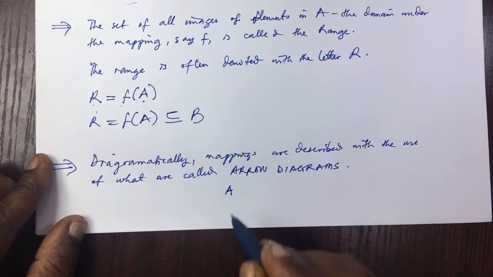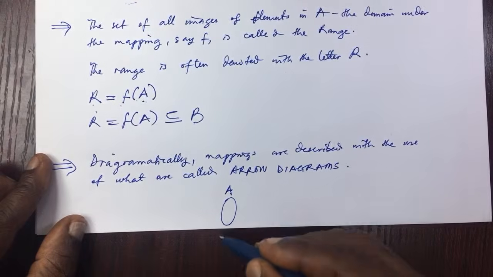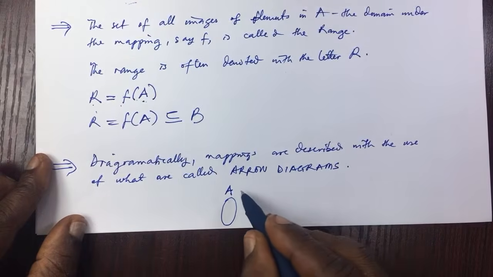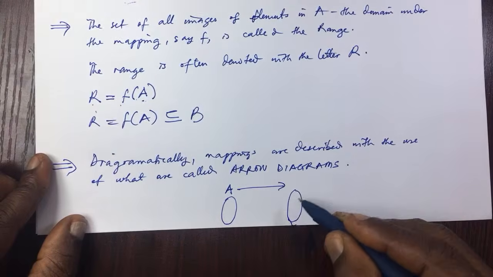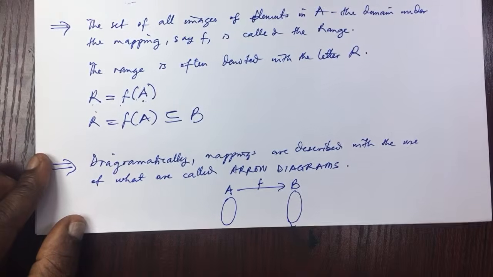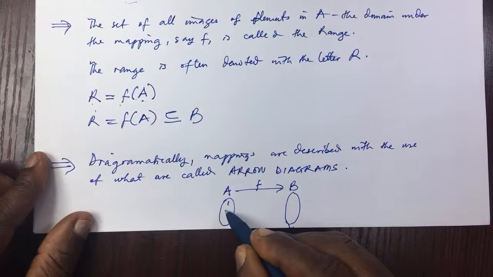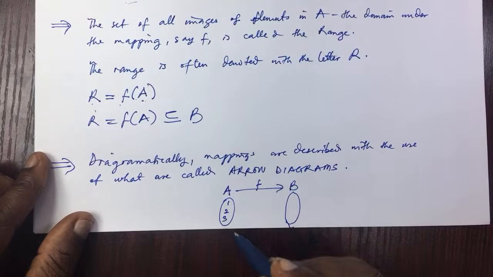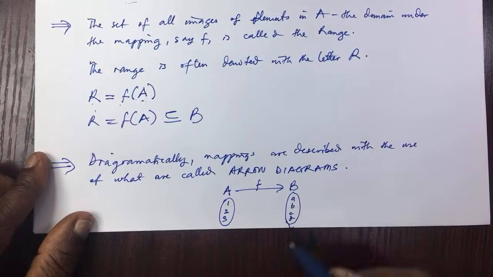So I can put a set A here, the domain, an oval shape underneath A, put an arrow that moves from A to another oval shape representing B, and I'm going to put F, the mapping, on top. Okay, so if, for instance, I have in A 1, 2, 3, and I have in B a, b, c, and d.